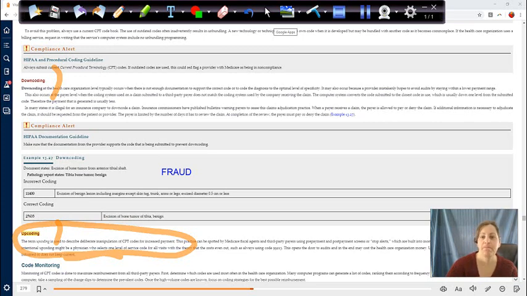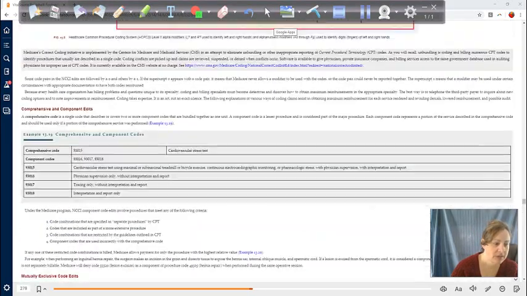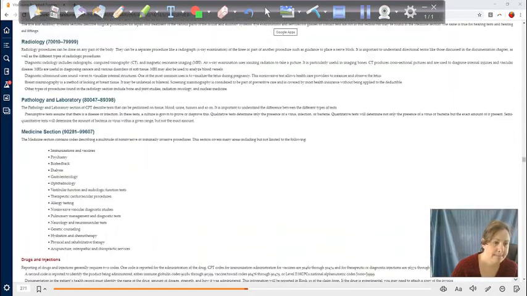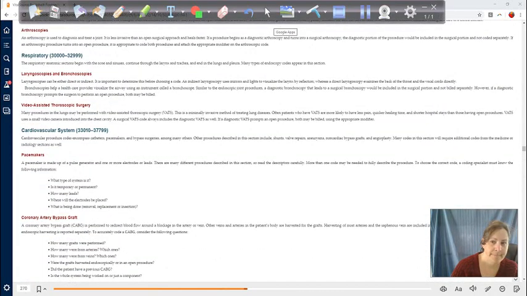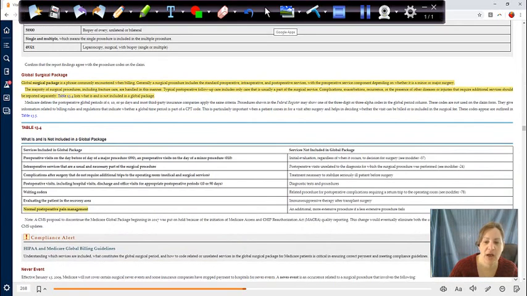Okay. The next concept I want to talk about is the global package. I'm going to pause. Okay, so I'm on page 268. This is going to help you with today's ICA because today's ICA has to do with post-op visits. So this is going to help you answer that.